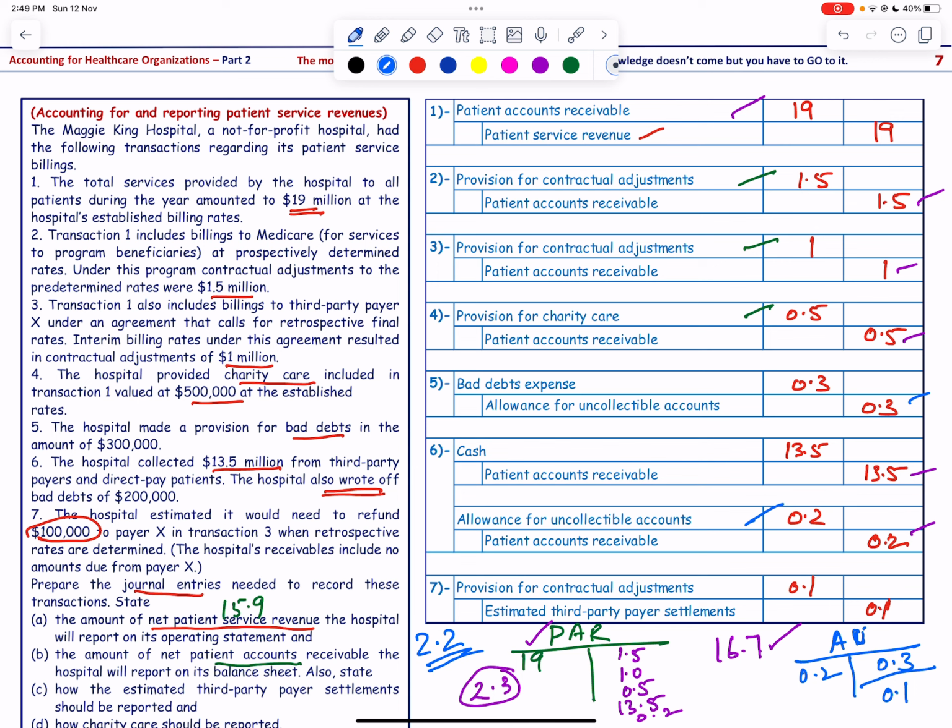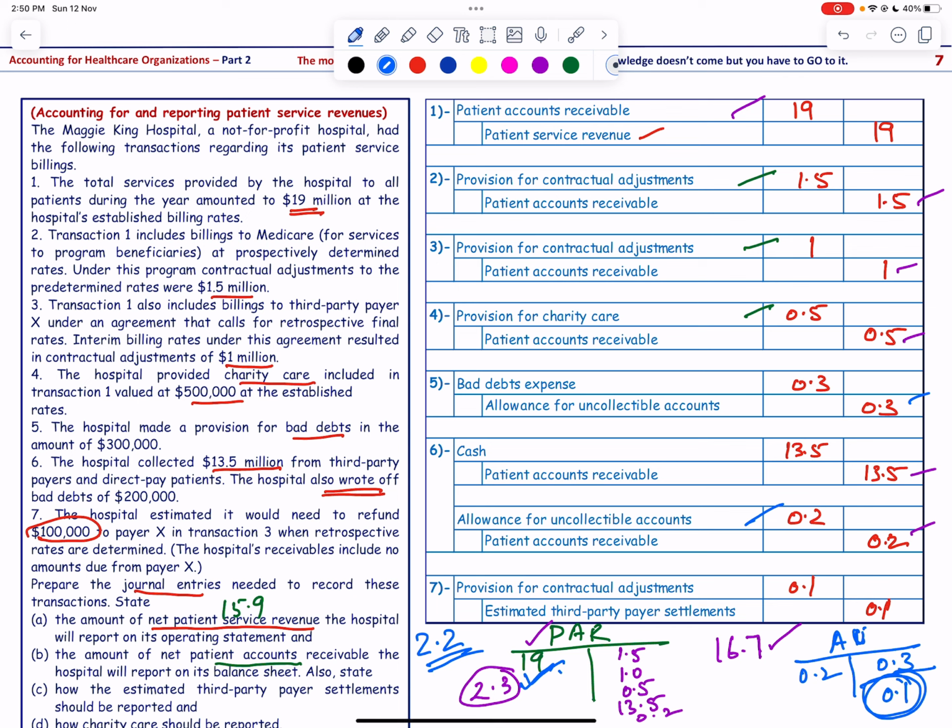So the net patient account receivable will be 2,200,000. We can see that the gross patient account receivable is 2.3, and from this we also have to subtract the allowances of 0.1.